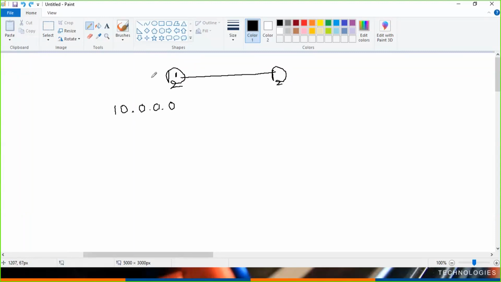It's a network ID, we can't use it. Okay. Can you use 10.0.0.1? Yes, we can use it, but it is not recommended actually. The first usable IP is recommended for the router. So for the computer I'm using 10.0.0.10 for device 1.